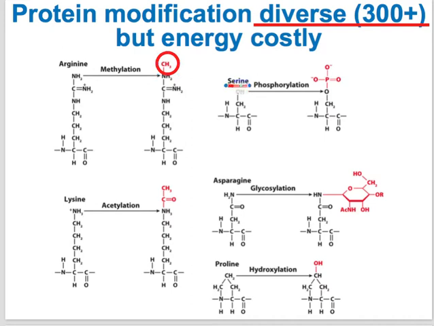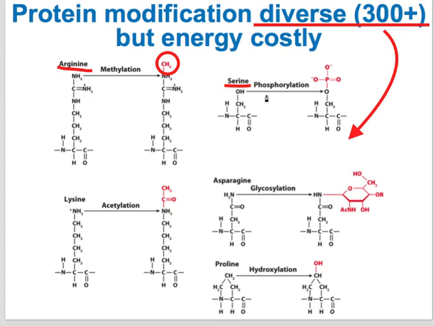Here's a serine, here's an arginine, and each of these R groups has a different characteristic set of modifications you can put on it. That adds to that massive complexity. And to be honest, we don't always know what one of these is going to do.